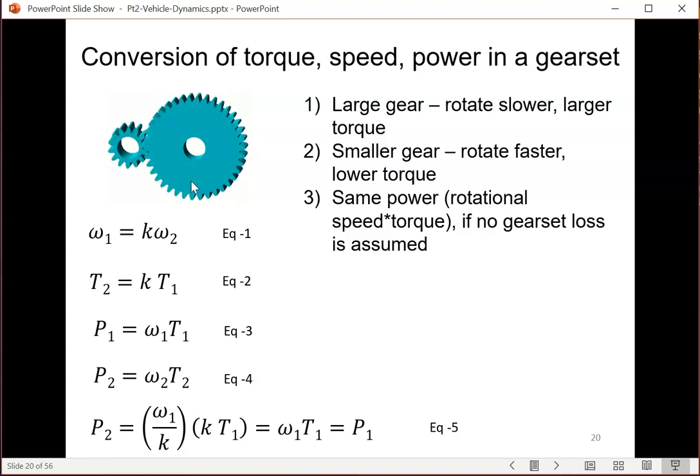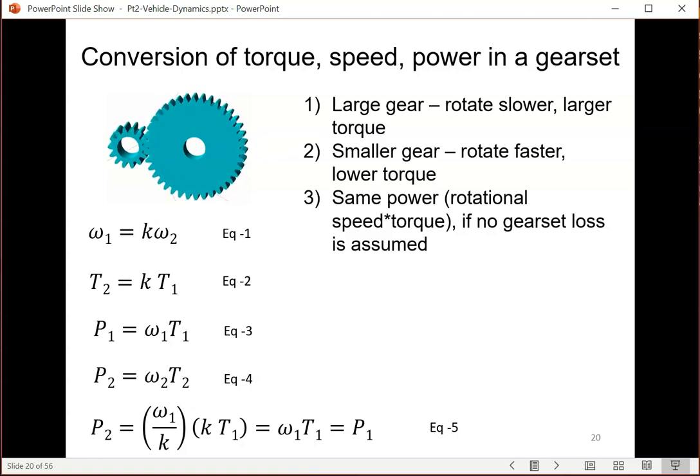Okay, so the ratio is defined by a factor of K here. Now, when K is greater than 1, that means the left wheel rotates faster but with a lower torque, and the right wheel will rotate slower but with a larger torque.